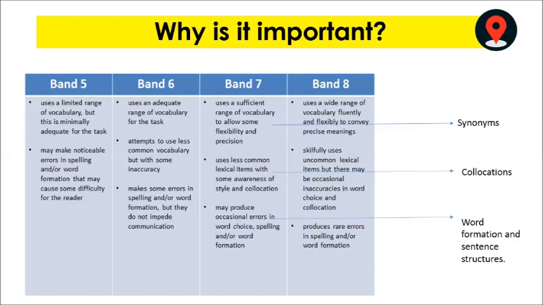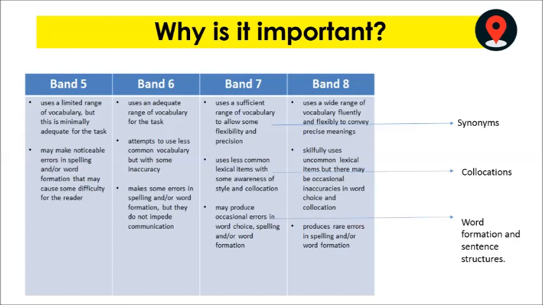And the last one, may produce occasional errors in word choice, spelling, and or word formation. Word formation is basically the way you use your verbs, your nouns, your adjectives and adverbs, and also the word order in a sentence.